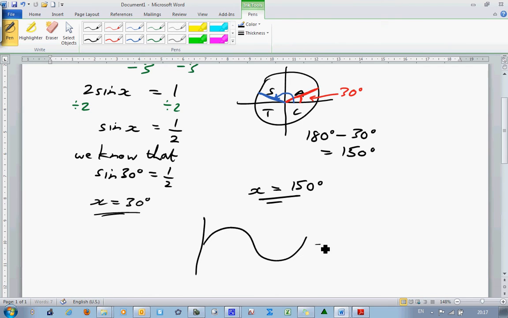It equals a half there. So there's one place and there's another place. Well, that's 30 degrees there. And using the symmetry of the graph, this is 180, and so that will be 150 degrees. So you still get the same solutions, but you can either use the unit circle or you can use the sine graph in this case.